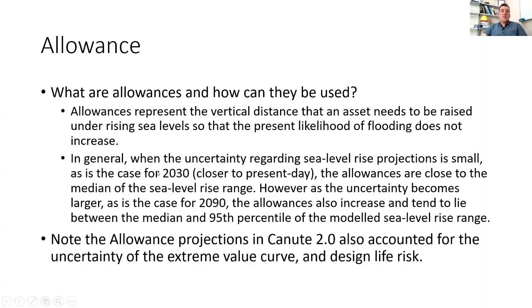In general, when the uncertainty regarding sea level rise projections is small, as in the case of the near future, 2013, closer to the present day, the allowances are closer to the median of the sea level rise range. However, as uncertainties become large in the climate ensemble, as is the case for 2019, towards the end of the century, the allowances also increase and tend to lie between the median and the 95th percentile, the upper limit of the ensemble simulations of sea level rise.